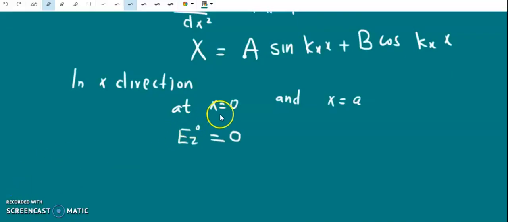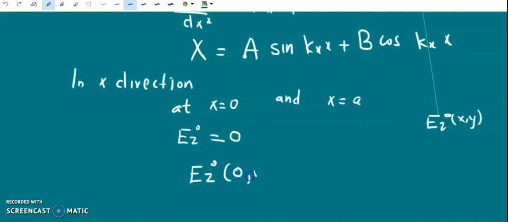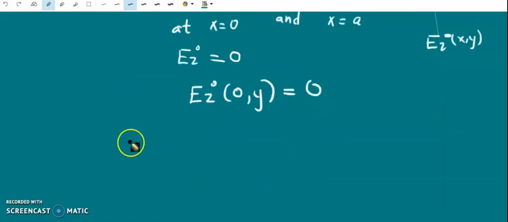So the boundary conditions are given by: at x equal to 0 and at x equal to a, Ez0 equal to 0. We know that this Ez0 is a function of x and y. So when we put x equal to 0, we get Ez0 of (0, y) equal to 0, and Ez0 of (a, y) also 0.